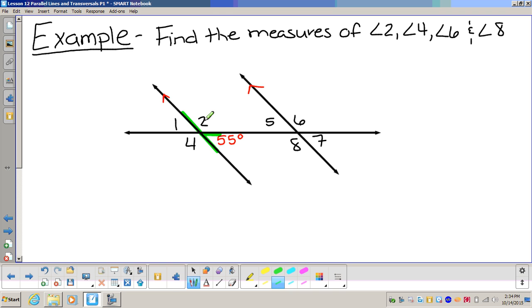So angle 2 and angle 55, you probably figured out, are a linear pair. So that means they add to 180. And that means that angle 2 is 180 minus 55, so it's 125.